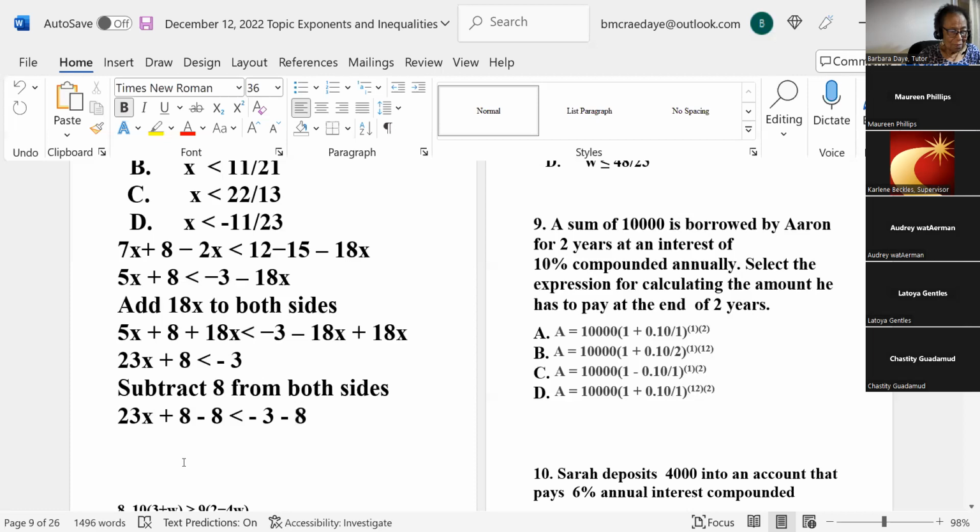Wait, Maureen, this is an x. You can't add the 23 to an 8.